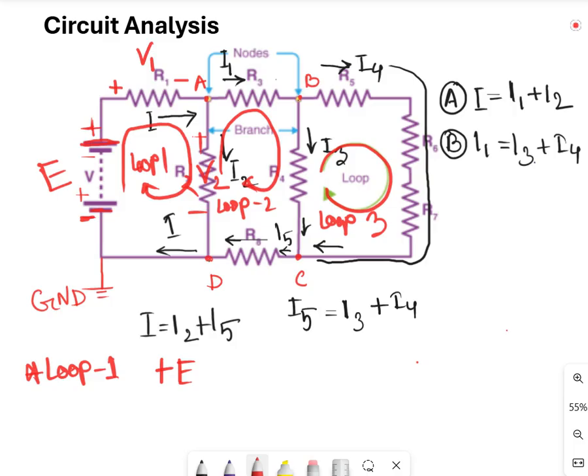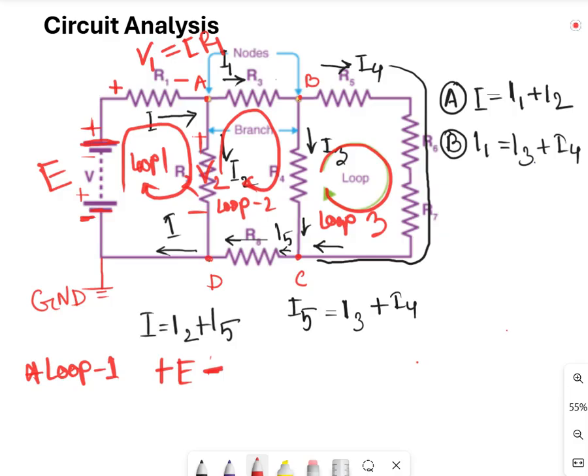And what is V1? V1 is nothing but the current I and the resistor R1. Here minus. Why minus? Because when it enters it is positive, when it exits it is minus. The same applies to E as well. Here positive is considered, here negative.